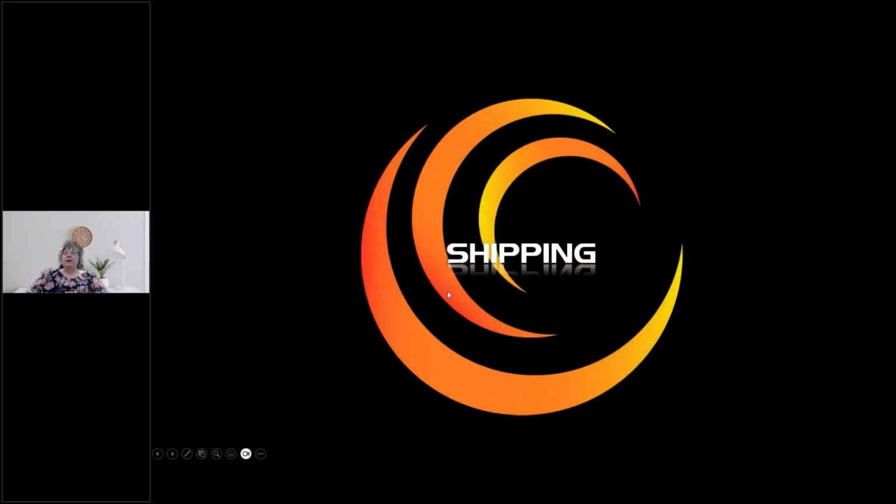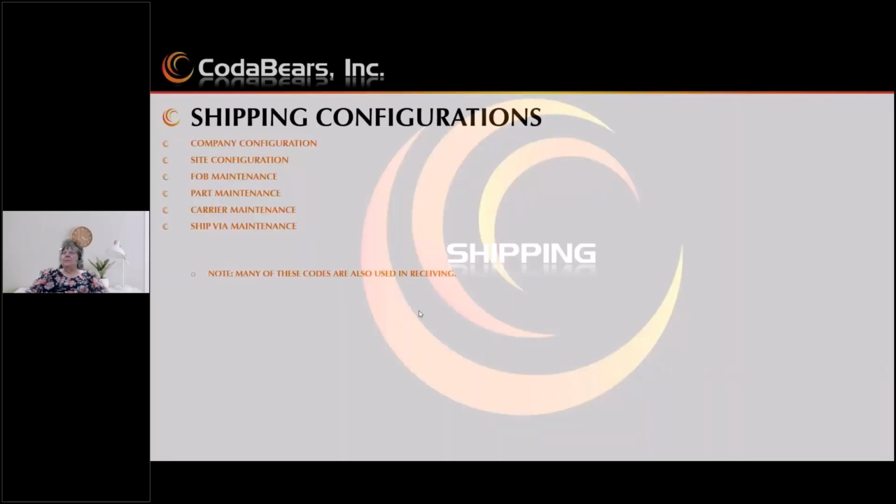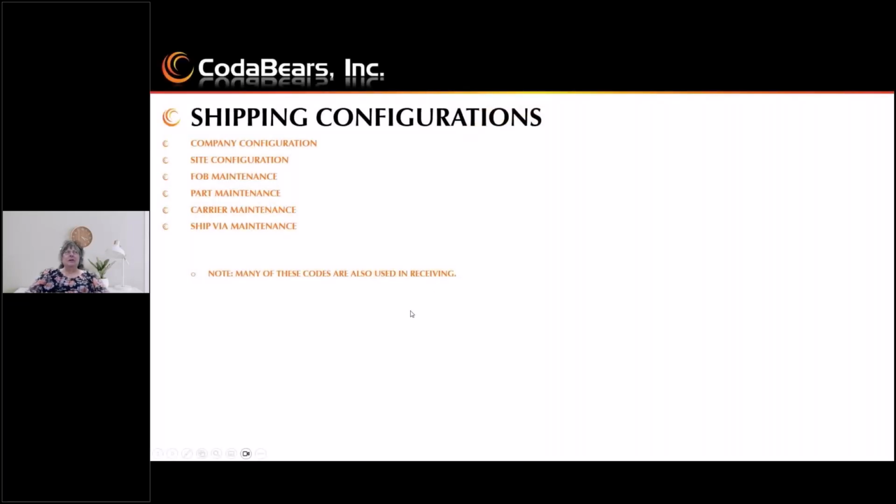So today we are going to go over shipping. There's not a lot to shipping, and yet there is. When we talk about shipping, there are a lot of places to put information into the system. One is company configuration, one is site configuration. FOB maintenance goes across all spectrums.